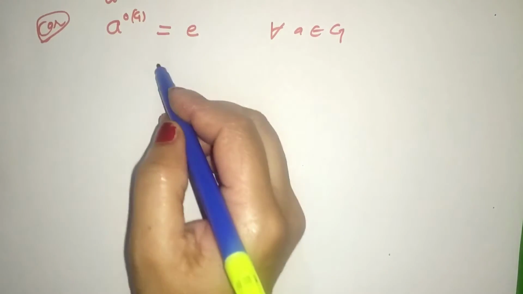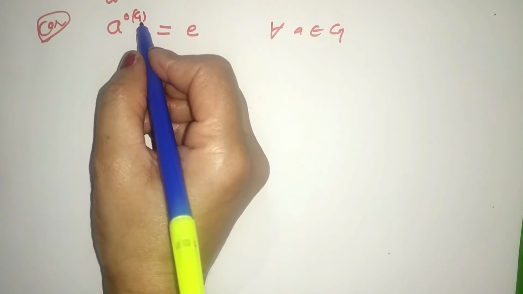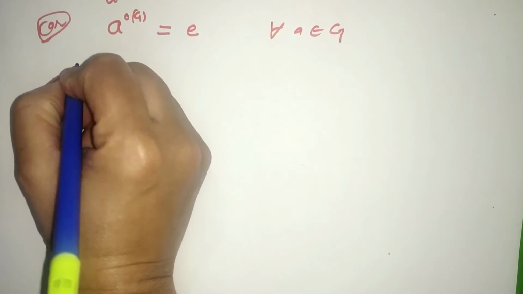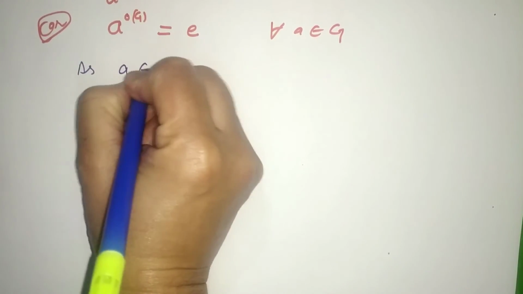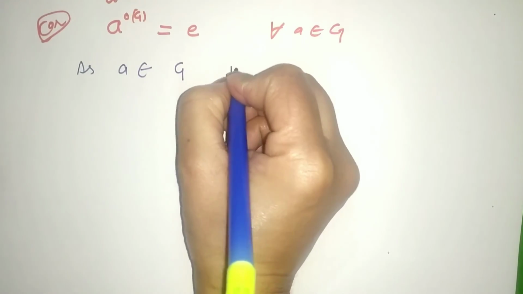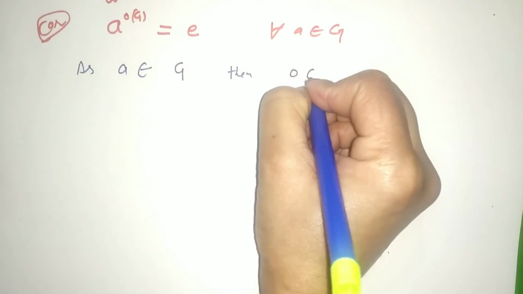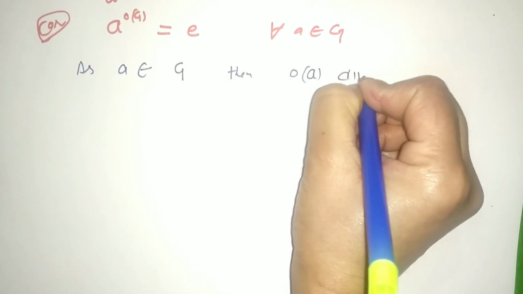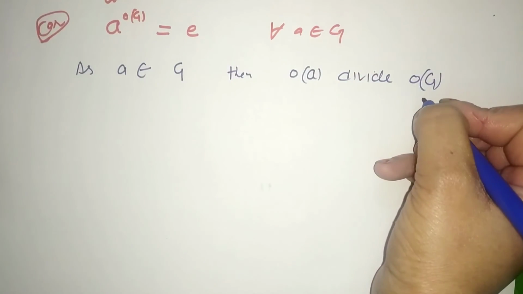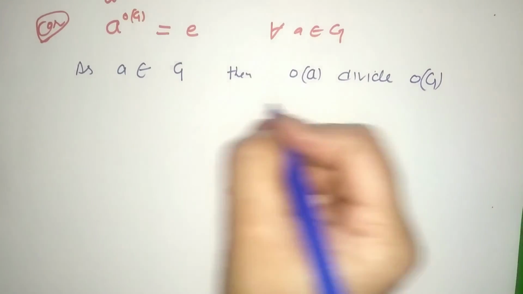Of the above result, a raised to power order of G is always identity. For this, as a is some element of G, then order of a will divide order of G, as we have already proved in the last theorem.